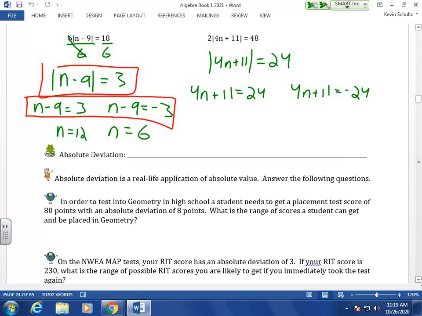This one doesn't work out quite as nicely as that first one. Subtracting 11, dividing by 4, we get n is equal to 13/4. The other side, subtract 11, divide by 4, and I think we get negative 35/4 as our value for n.